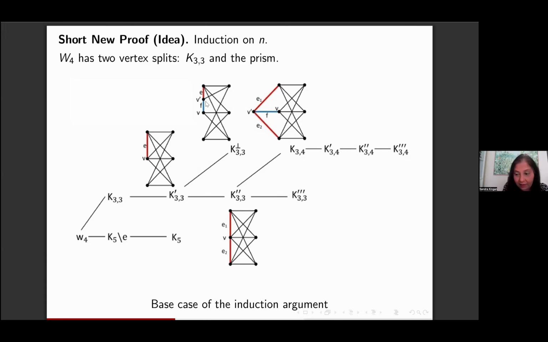With the main theorem, you just have to split this vertex V in this very specific manner. This is operation 2 in the theorem. You can be certain that everything else has a prism minor.